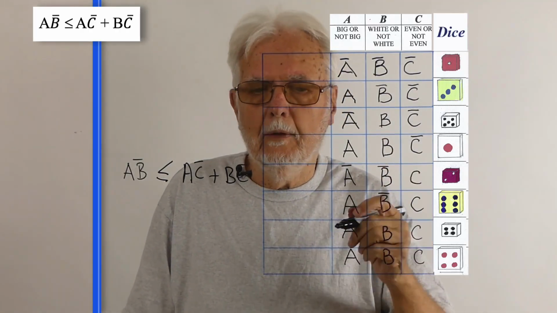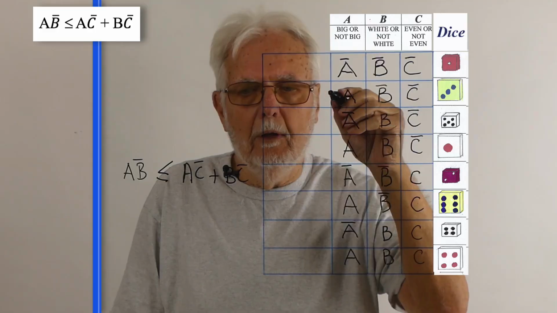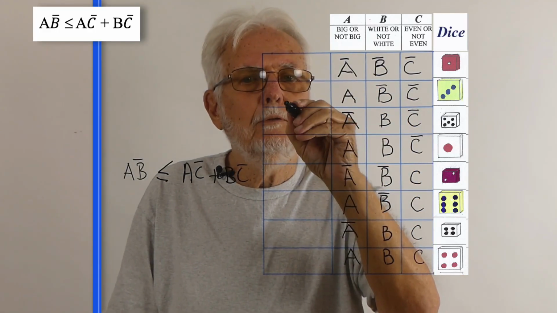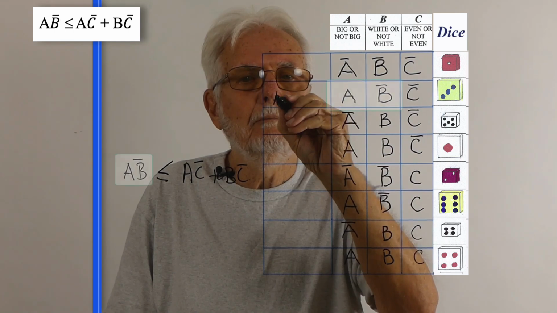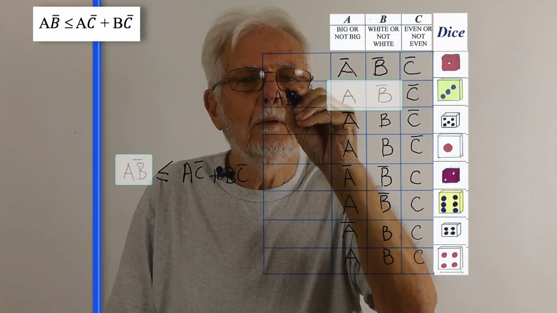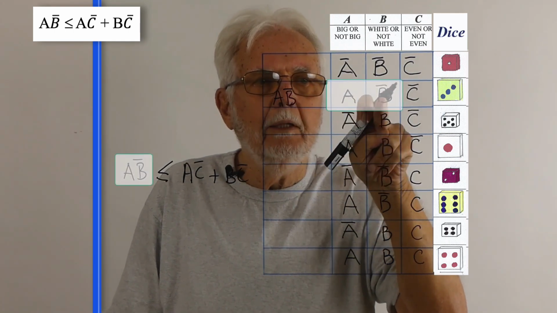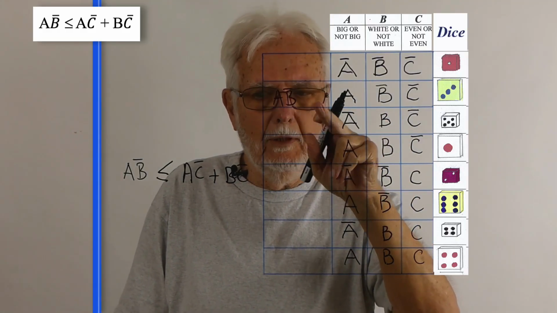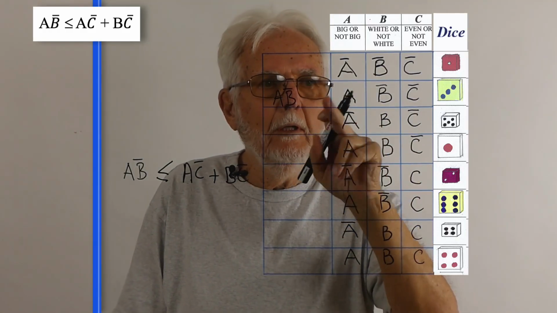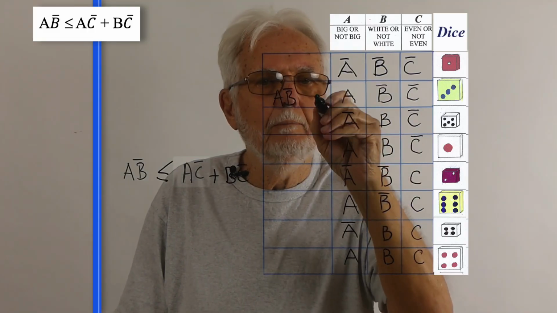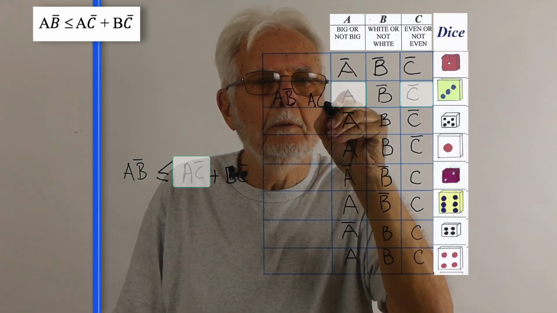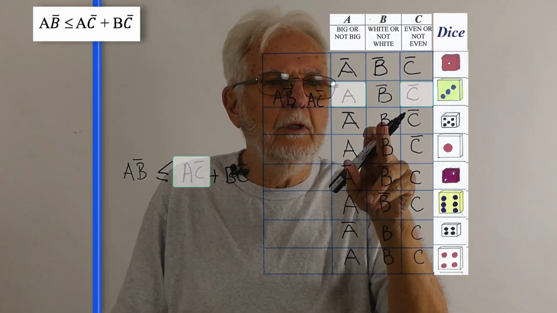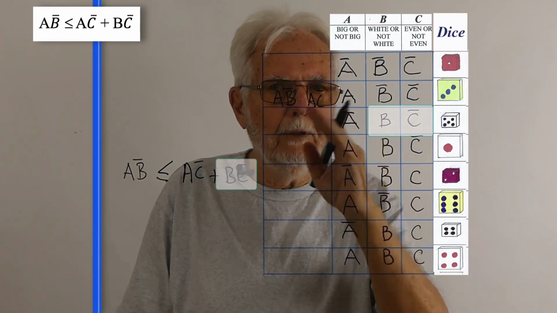For example, on the second row here, we've got A not B, we could make from those 2. And we've also got, and they appear on Bell's equation, A not C. On the second one, we've got B not C, which appears on the equation.